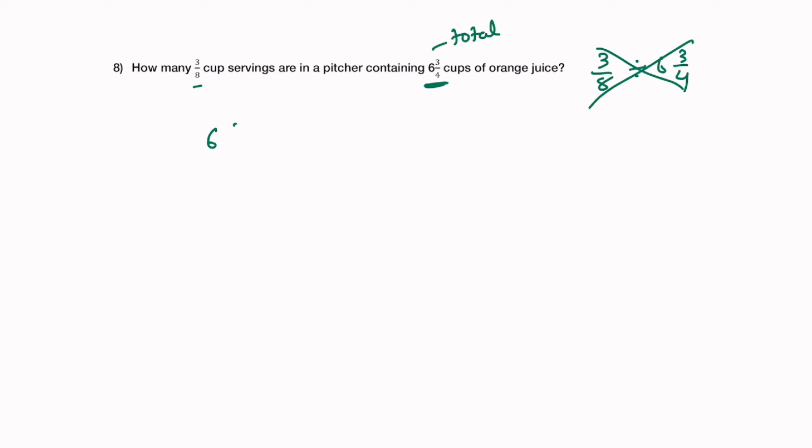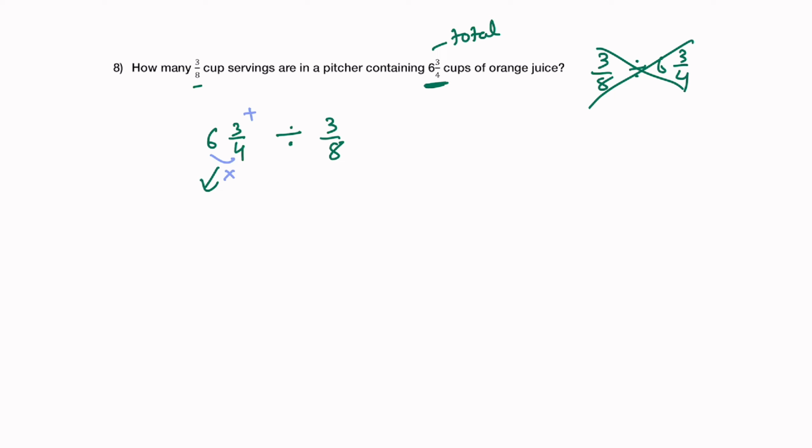So 6 3/4 divided by 3 upon 8. So how many such servings can be there in the whole, the total that we have, that's 6 3/4. First, we need to work on this, and I'm sure you remember, we multiply this and we add that.